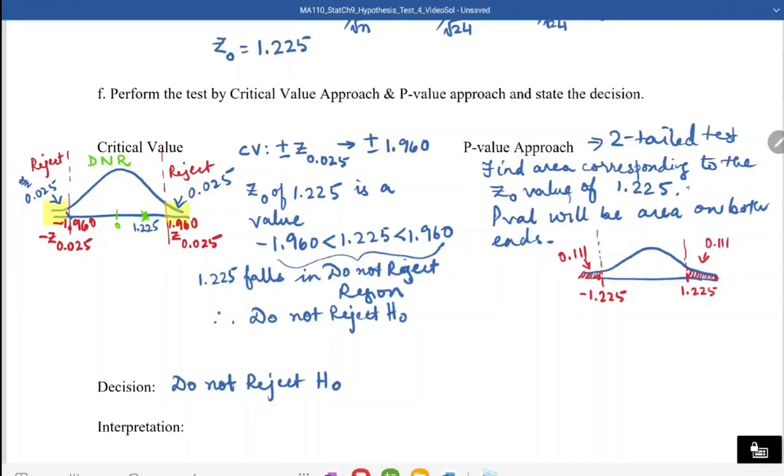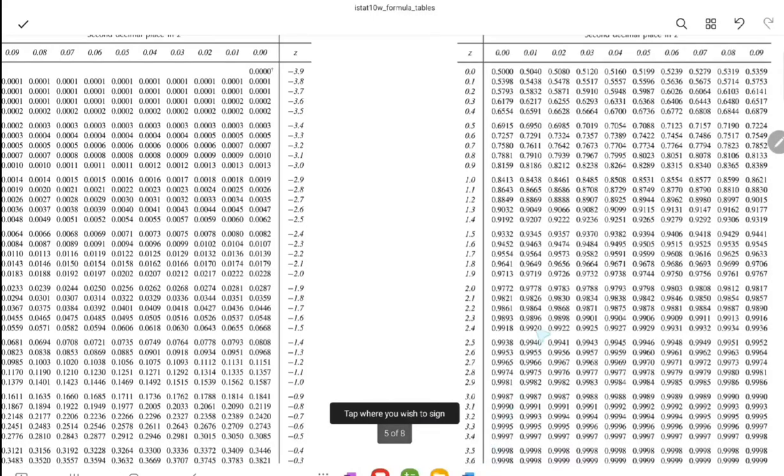Let me just quickly show you what I mean by it. We could have found 1.22, all right, this 0.888. We would just have to subtract it from 1 because this table only gives area to the left.